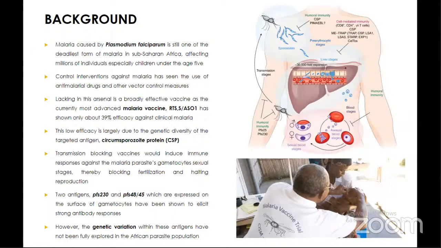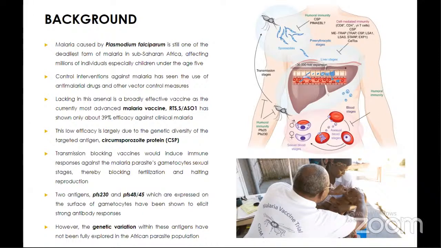The infected hepatocytes multiply the parasites, and merozoites are released into the bloodstream, where they infect red blood cells. After some time, some of these merozoites mature into gametes, and these gametes are picked up by mosquitoes when they come for another blood meal.